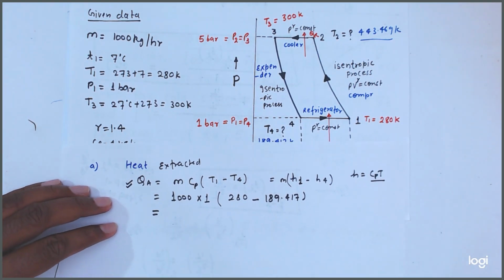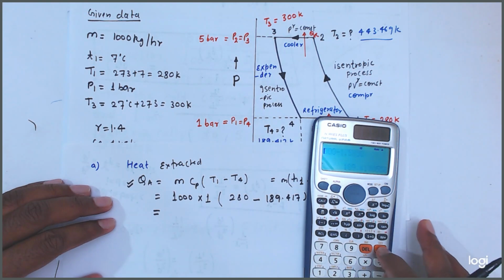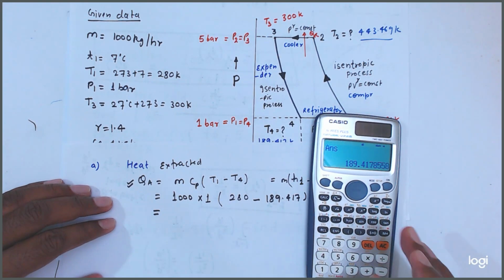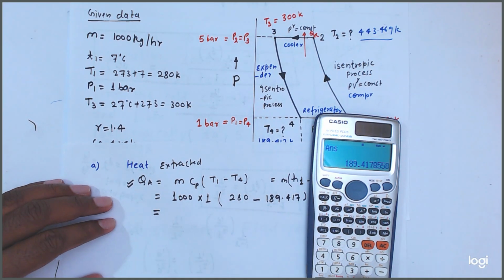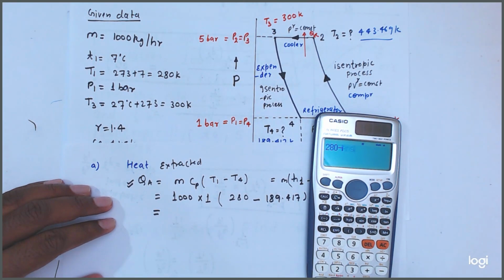Okay, so friends, it will give how much? This 189.41, 280 minus this value, so 280 minus answer, and we can multiply with 1000.